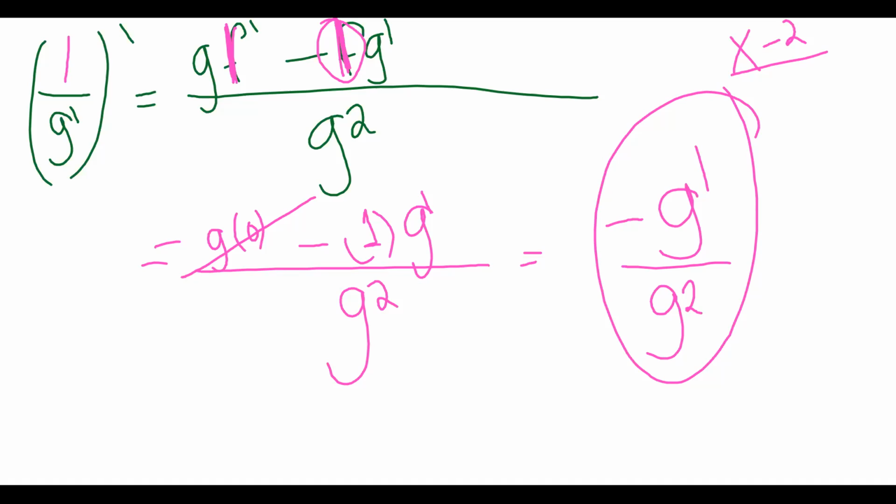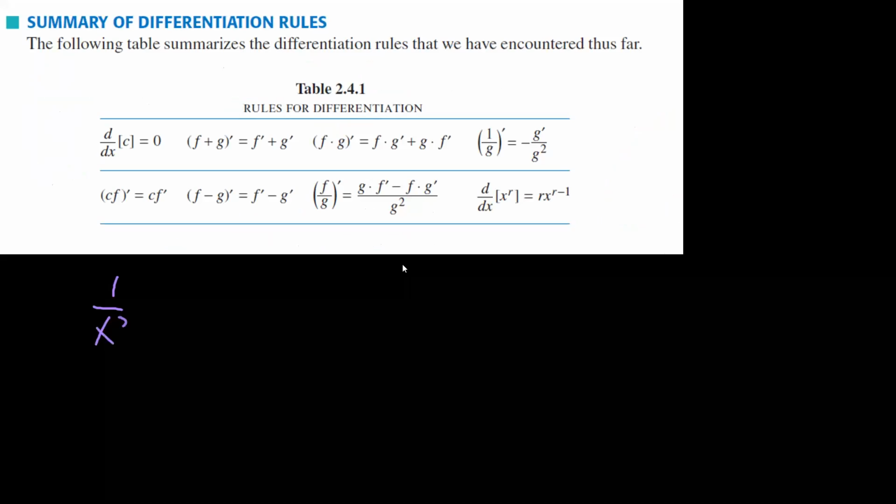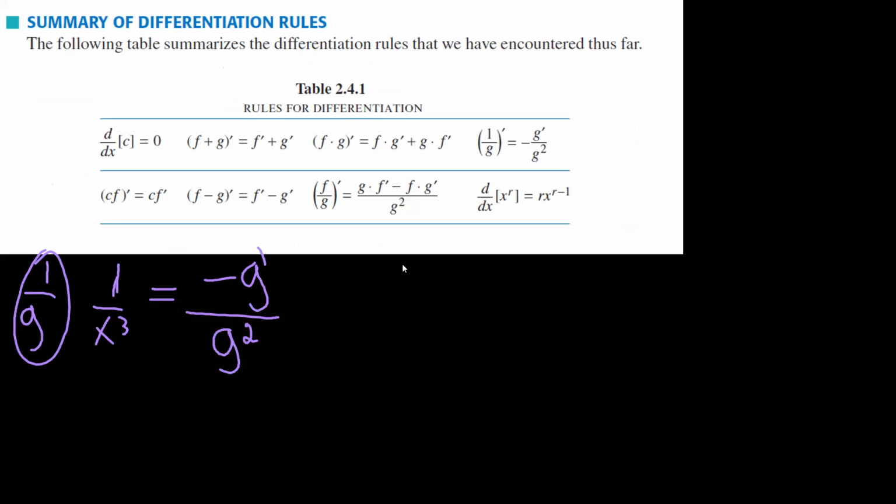So, as an example, if you have 1 over x cubed, you have two ways to solve this type of derivative. You can say this is 1 over g, so it is negative g prime over g squared. Where is g?